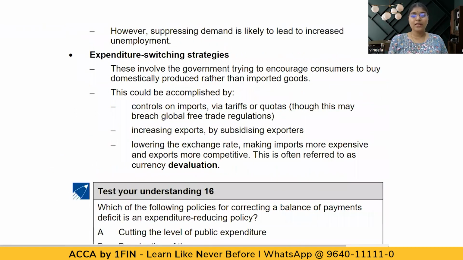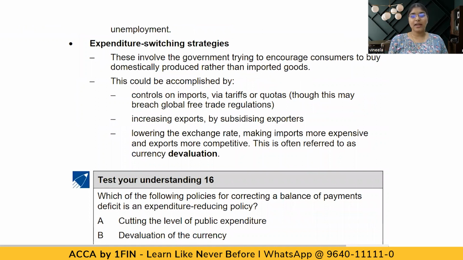Next strategy which you have is the expenditure switching strategy. See, you're switching the way you are spending the money. This involves government trying to encourage consumers to buy domestically produced rather than imported goods. Understand this. That is what you call Made in India.